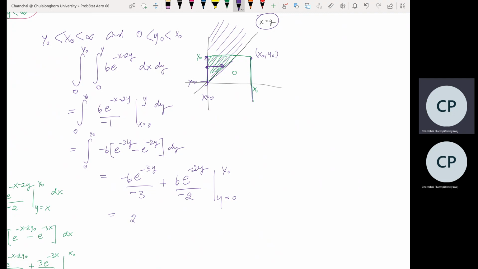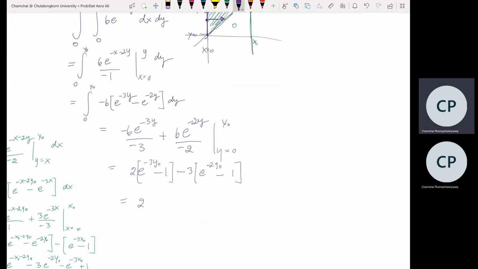So it's equal to 2 e to the negative 3y naught minus 1, minus 3 e to the negative 2y naught minus 1.